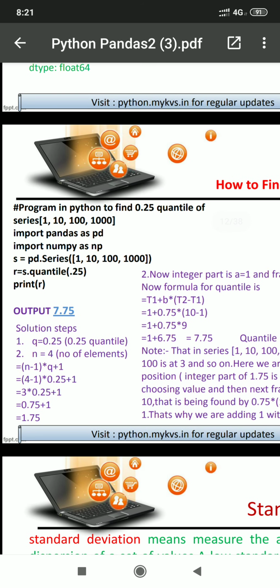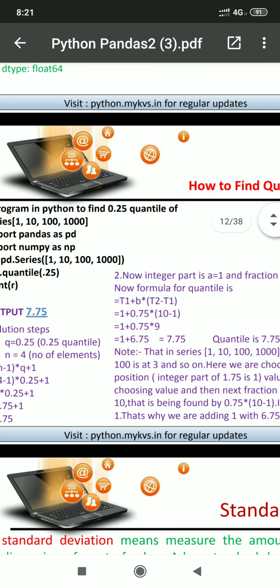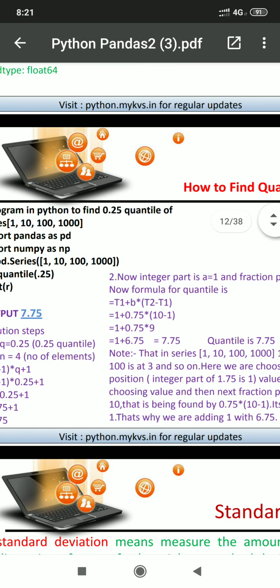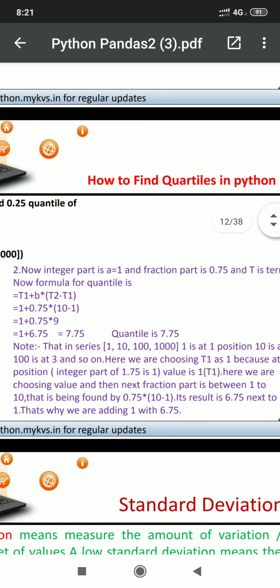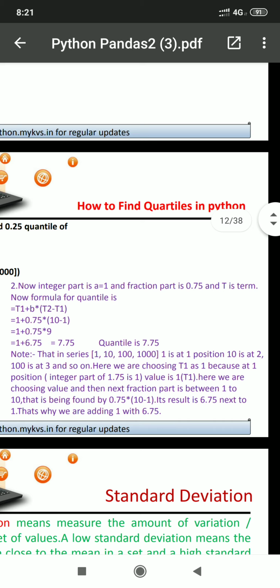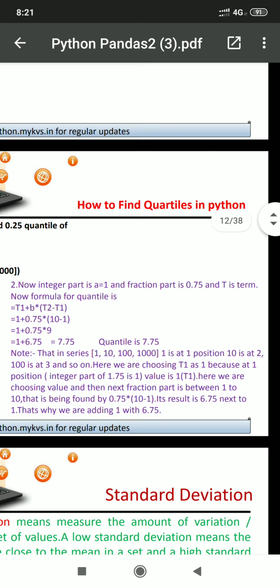So students, what you have to do is remember these two formulas. One is (n minus 1) into q plus 1, and another is t1 plus b into (t2 minus t1). Okay, it's very easy. Now some explanation: in the series 1, 10, 100 and 1000, 1 is at position 0, 10 is at position 1, 100 is at the 2nd position and so on. Here we are choosing t1 as 1 because at the integer position, the value is 1.